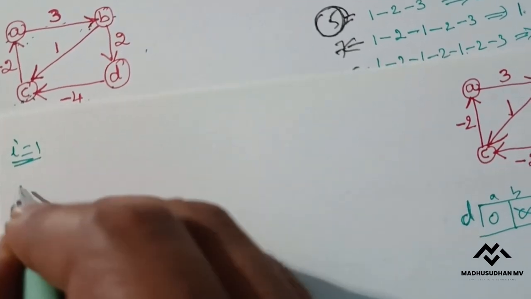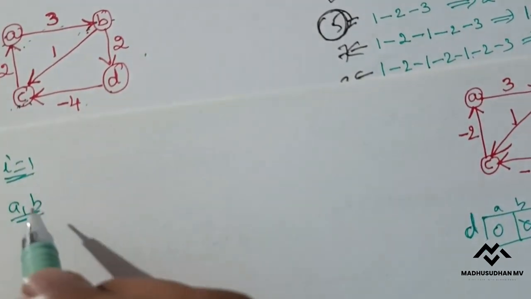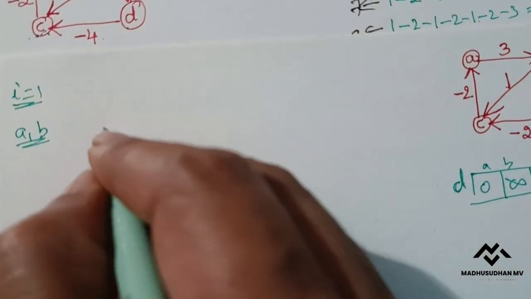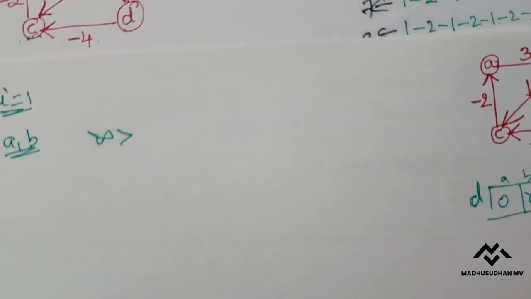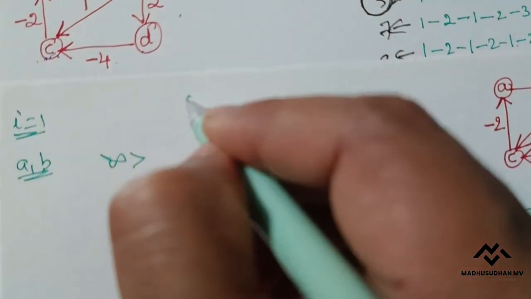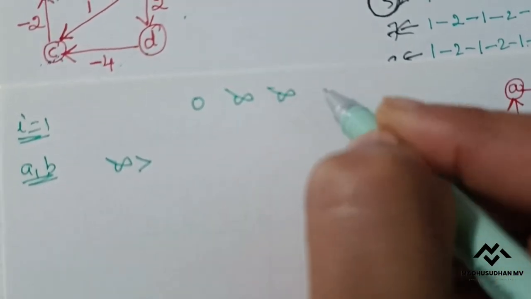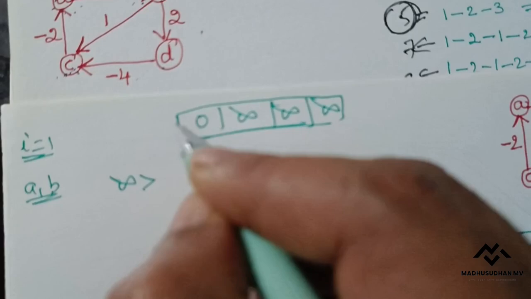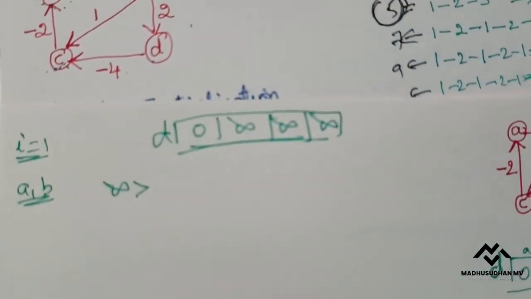First edge A comma B. Distance of B is infinity. Infinity greater than what? First I'll write 0, infinity, infinity, infinity. This is my distance array.